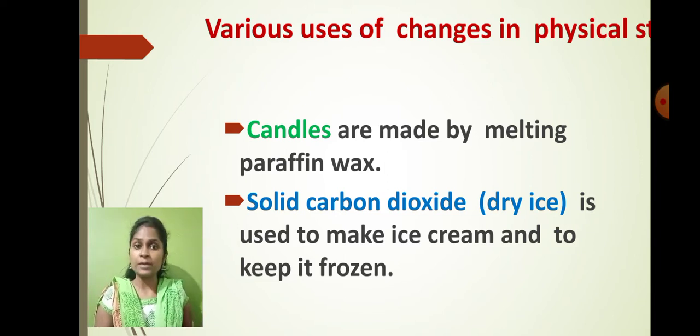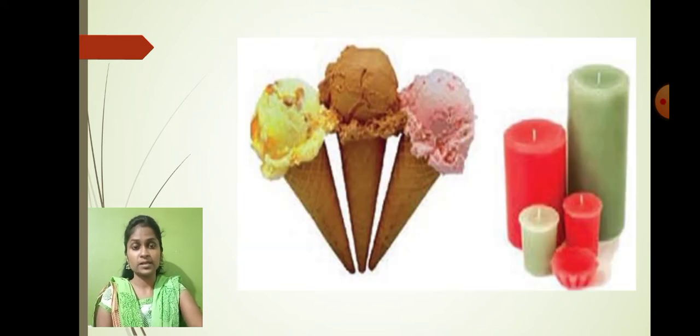It is very whitish in color and it remains as it is. And it provides the maximum cooling temperature to the substance. So these are the two substances I told you, candle and solid carbon dioxide. Solid carbon dioxide we use for keeping ice cream, and candles we use for decorative purposes, etc., which is made up of what?